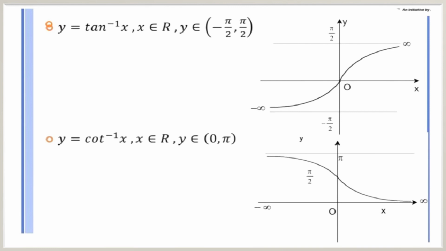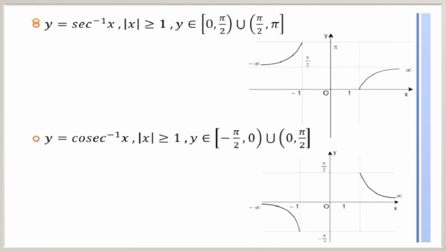For x from minus 1 to 1, y belongs to the closed interval of 0 to pi, what I have told you in the table of domain and range of inverse trigonometric functions.